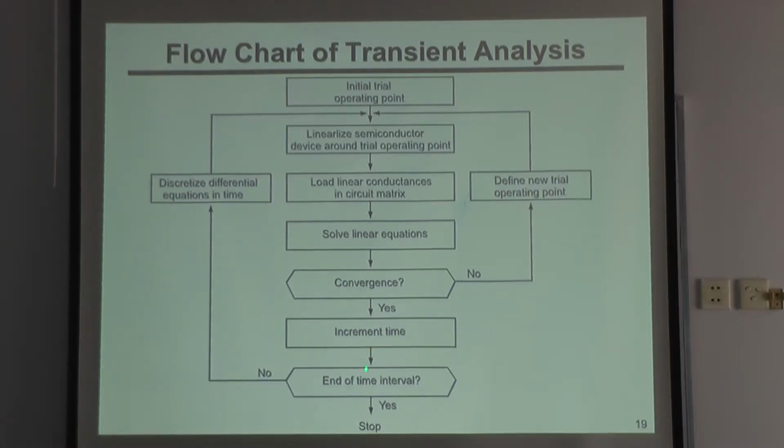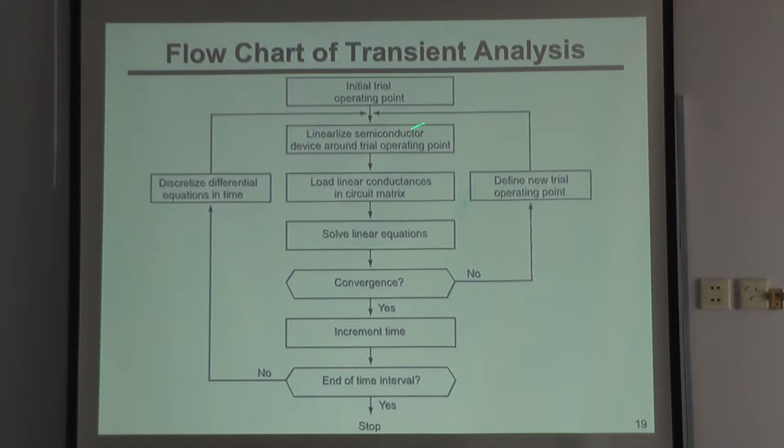And if this is not the end of the time interval, we define the differential equation again. So we have two iterations. If we have nonlinear elements, we have an iteration using Newton-Raphson, and also we step the time, so we iterate by the time step.